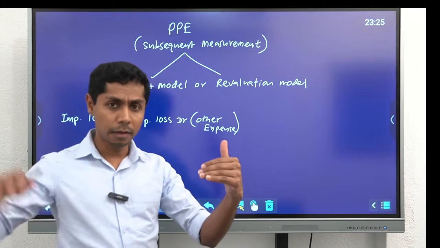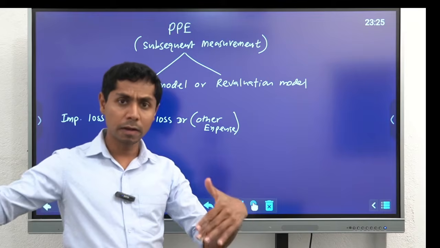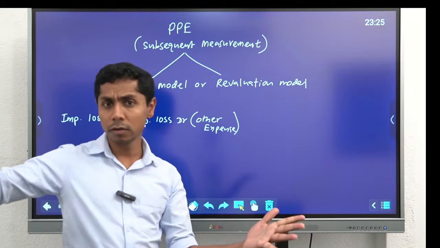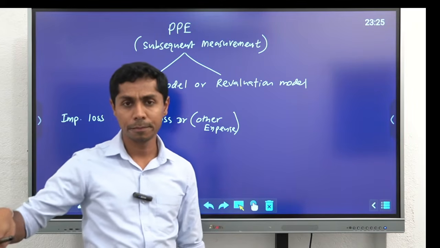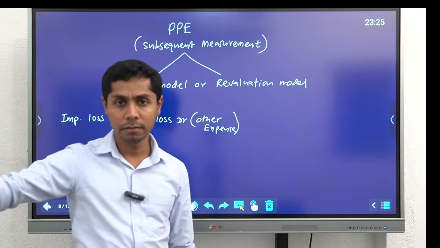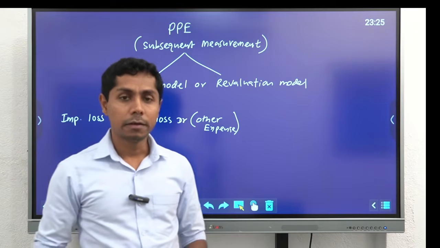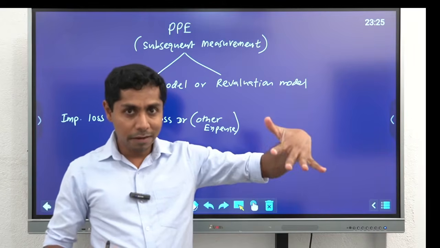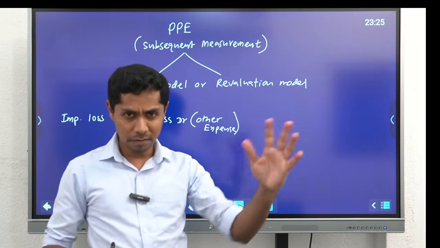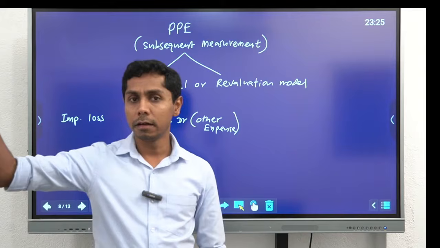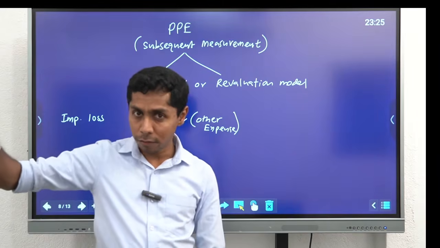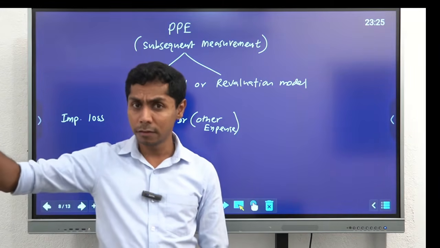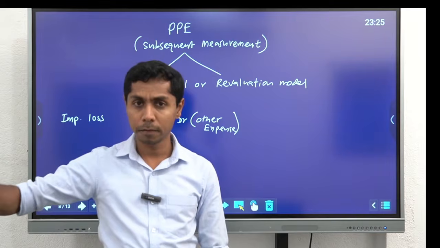Now the impairment loss, compared to depreciation, is not a systematic allocation or systematic reduction. In summary, depreciation is a systematic reduction of the asset value, whereas impairment loss is a non-systematic reduction of the value of the asset, right?